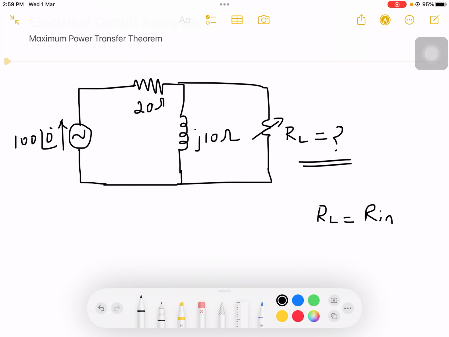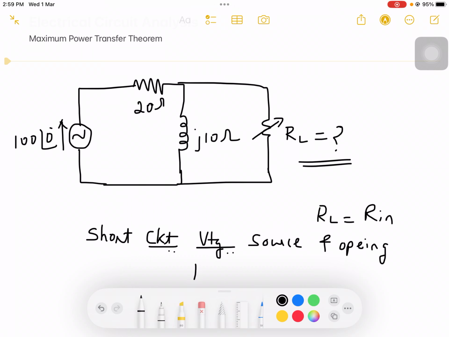Z equivalent can be determined by short circuiting the voltage source and opening the load resistance.